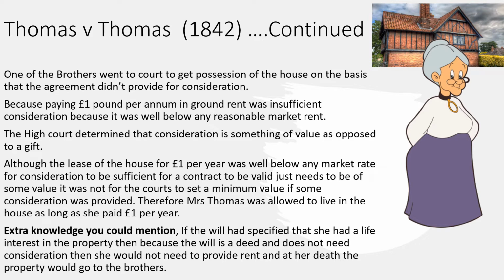If the will had specified that she had a life interest in the property, i.e. that she could live there for the rest of her life, but then the property would revert back to the brothers, then because the will is a deed and does not need consideration, she would not have needed to provide any rent at all. And at her death, the property would have gone back from one brother to the other.